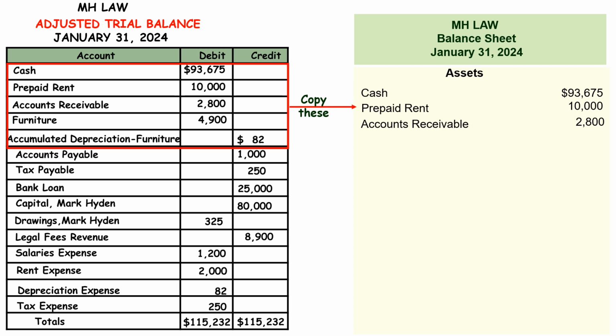So it should be presented like this: put in the furniture account and its value from the trial balance, and copy the accumulated depreciation, subtracting it from the furniture to give you a net value for the furniture of $4,818. So accumulated depreciation is used to reduce the balance of the furniture here on the statement.